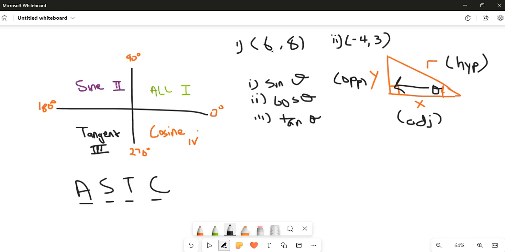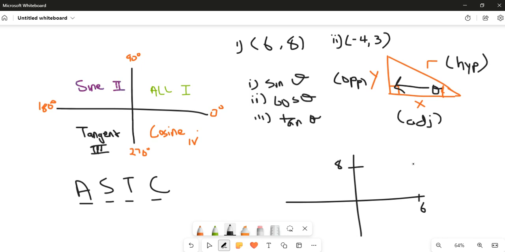So we've got 2 points here. We'll start with this point here, 6 and 8. We want to find sine theta, cos theta, and tan theta. So we get our point, 6, 8. We first make our Cartesian plane here. Our x coordinate is 6. Our y coordinate is 8.